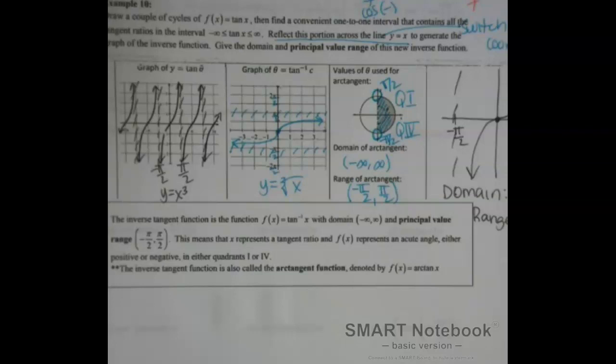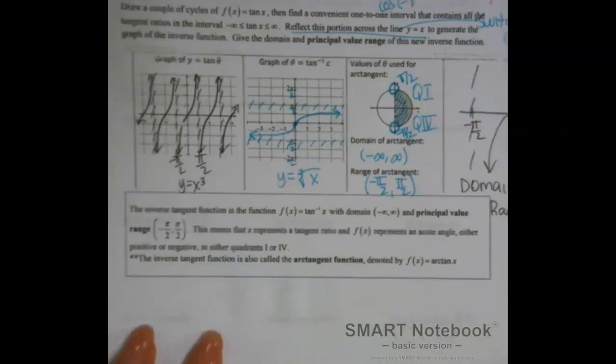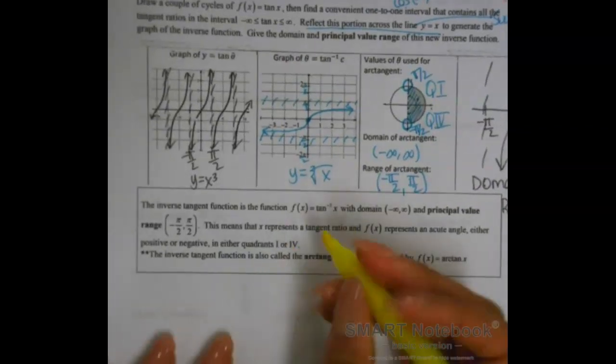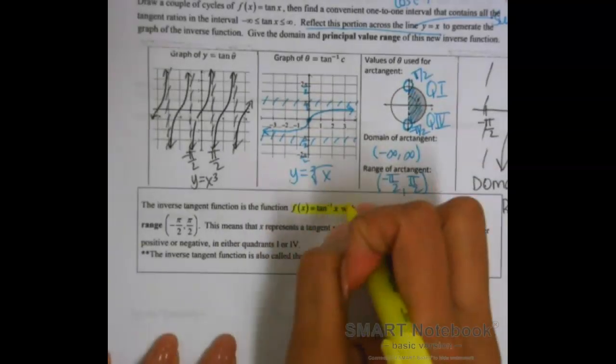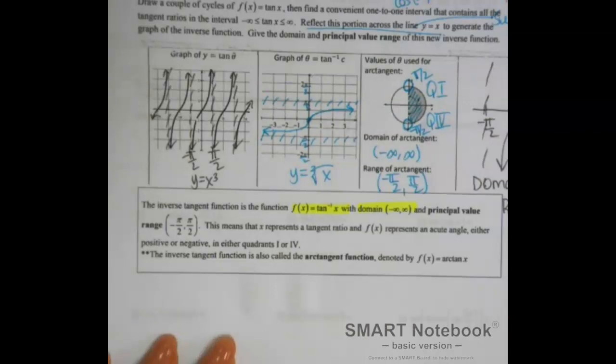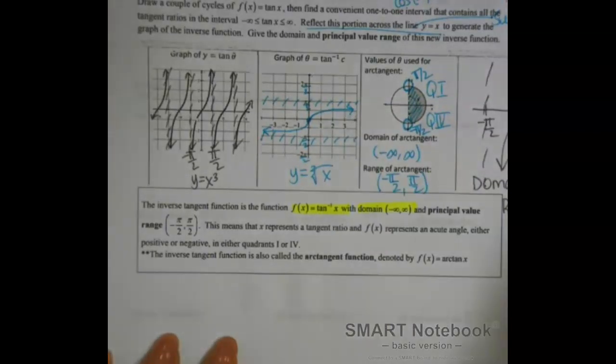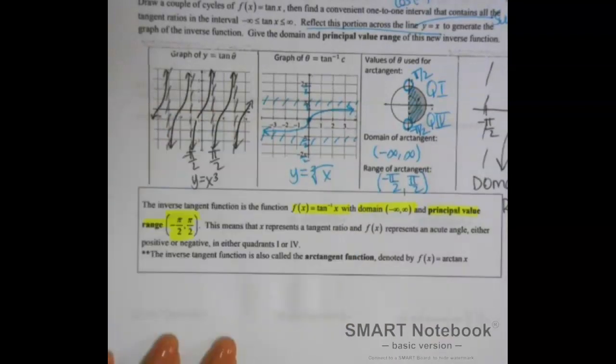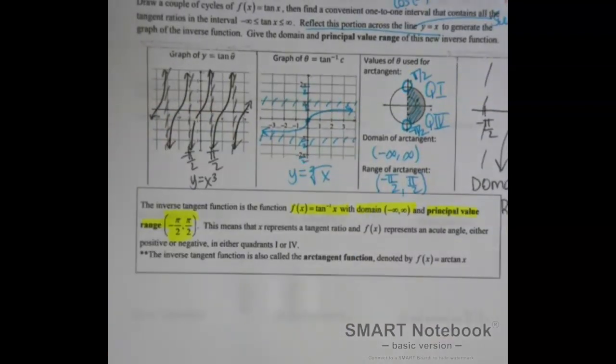Last thing I'm going to do is just highlight some of the same information you've already seen, but we're going to do this for tangent. So for inverse tangent, we have f of x equals tangent inverse of x. The domain is from negative infinity to positive, and the principal value range is from negative pi over 2 to positive pi over 2. You're not including the endpoints. X represents your tangent ratio.